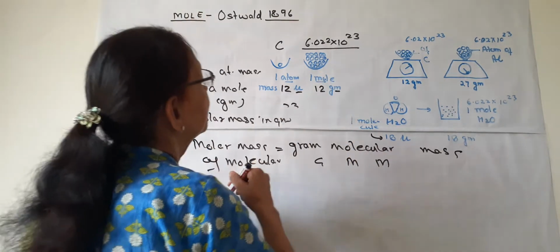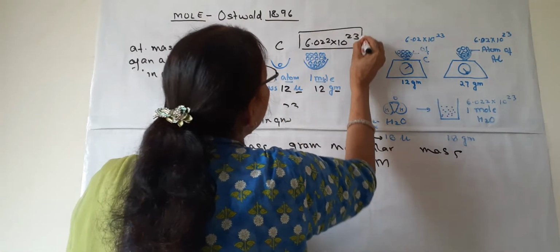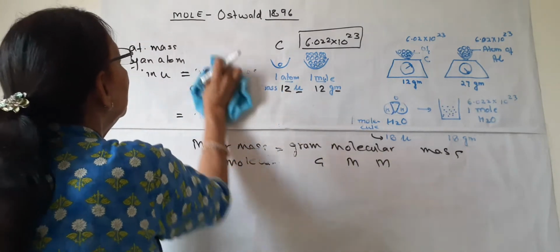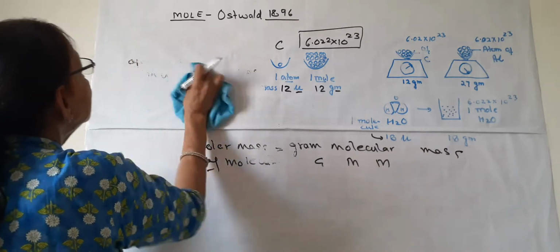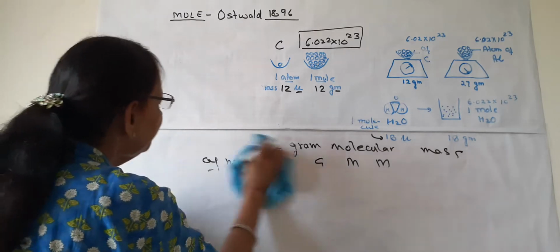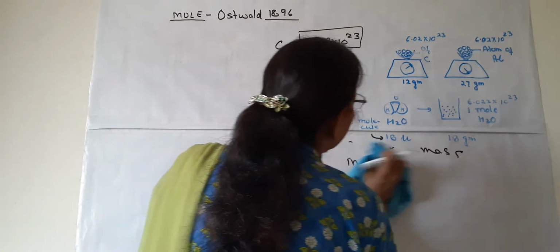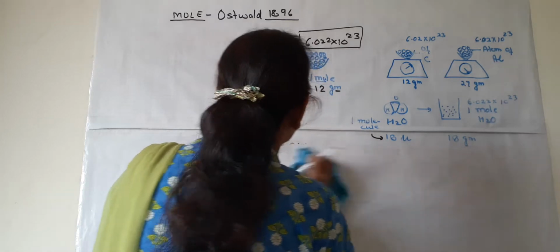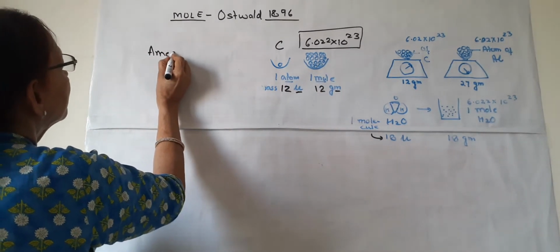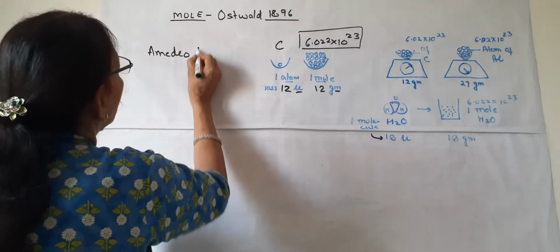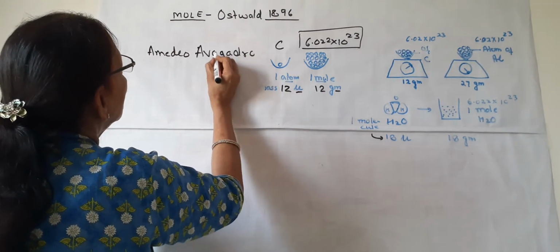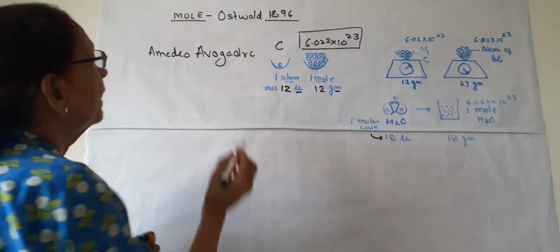Now this number has a special name, and it is a unique number. This number has a name after a very famous Italian scientist, Amedeo Avogadro.